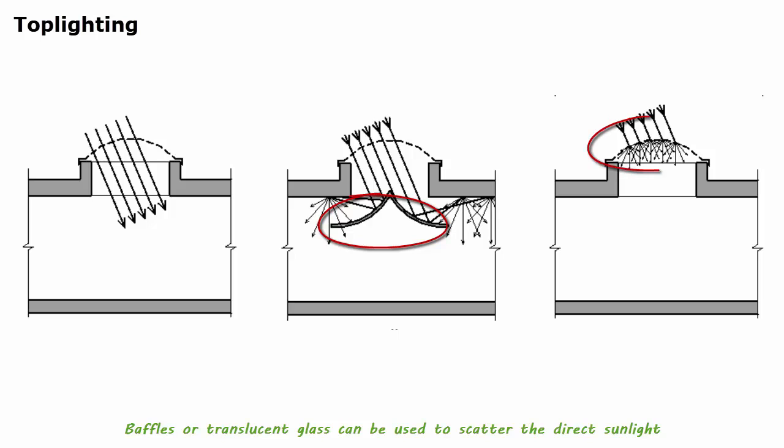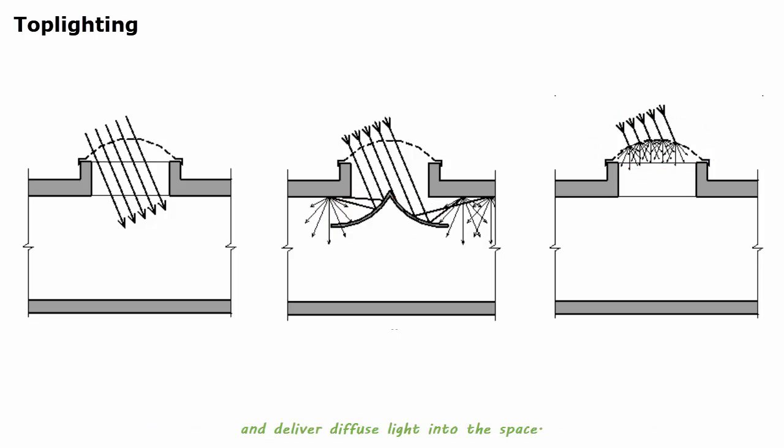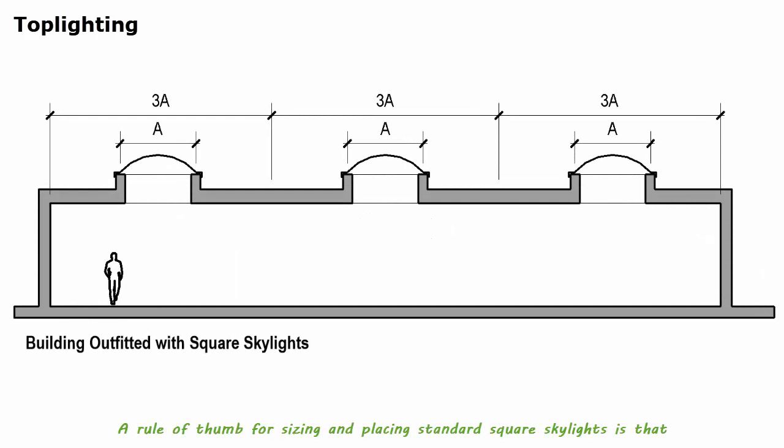Baffles or translucent glass can be used to scatter the direct sunlight and deliver diffuse light into the space. A rule of thumb for sizing and placing standard square skylights is that the ratio of the glazing area to floor area is approximately 10%. This is assuming the space is under a diffuse sky.